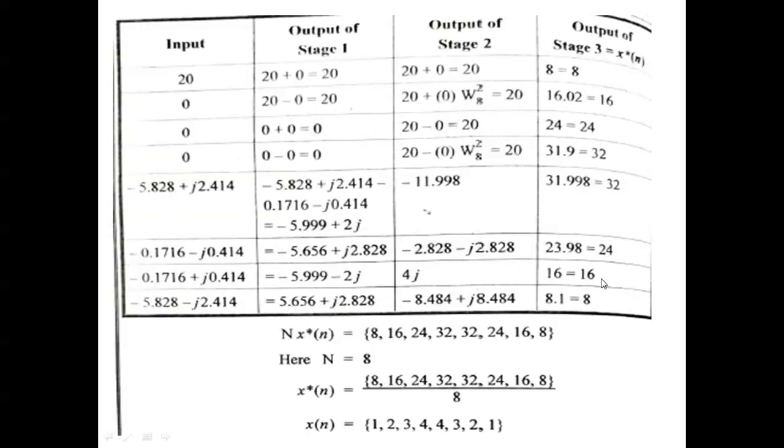Then this is the table they gave. Finally write the values, and since this is the inverse DFT, N is equal to 8, so divide the values by 8 and you get x of n: 1 2 3 4 4 3 2 1. So this is inverse DFT DIT.